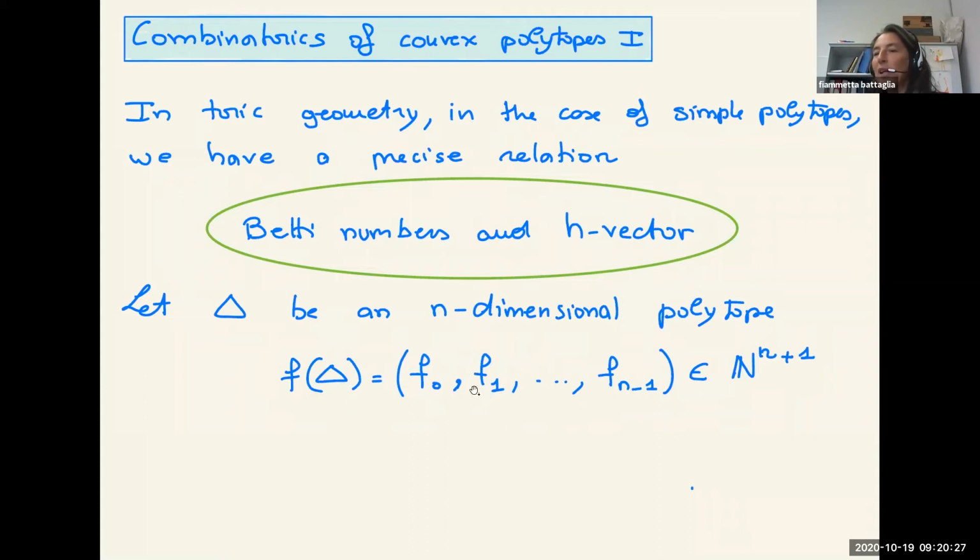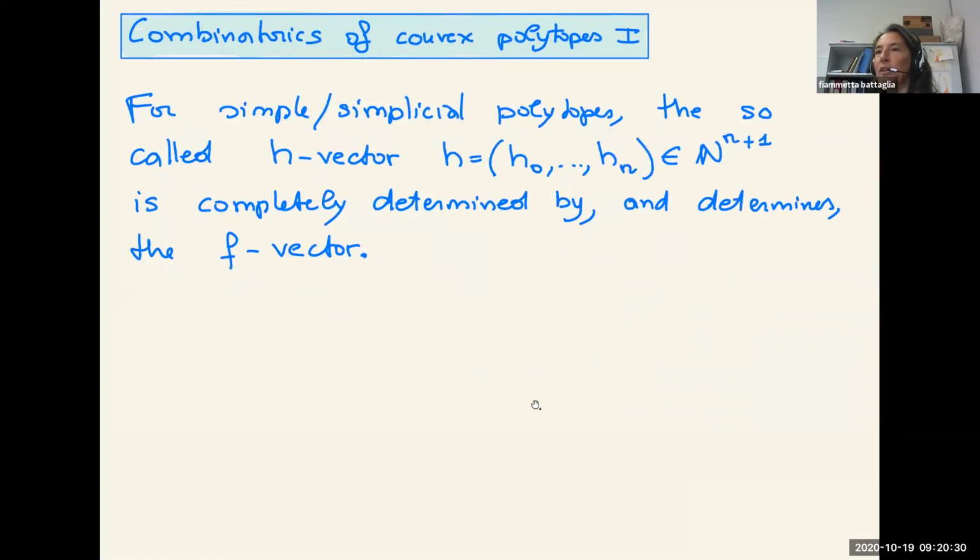And from the F vector we can construct what is called the H vector. It is another vector with natural numbers as coefficients. And this is completely determined by and determines the F vector. So we can get one from another. And this only happens, as we will see, in the simple or simplicial case.